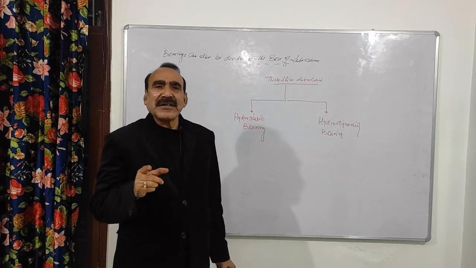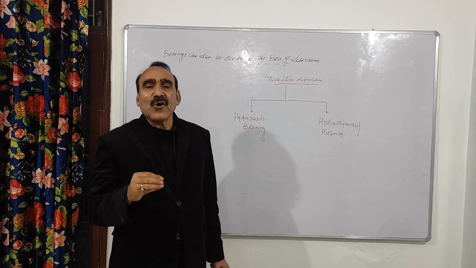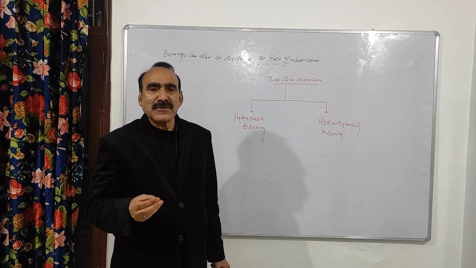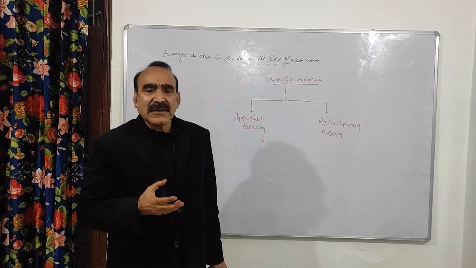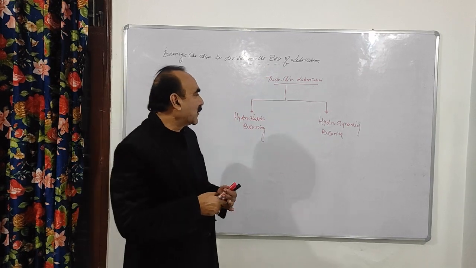But in case of this hydrodynamic bearing, when the shaft is rotating at a very high speed, you can say at the operative speed, what is the operative speed? Suppose this is under 1000 rpm is the operative speed.